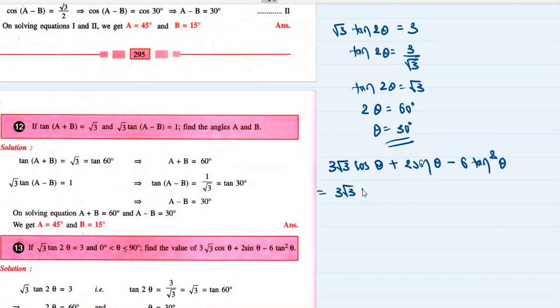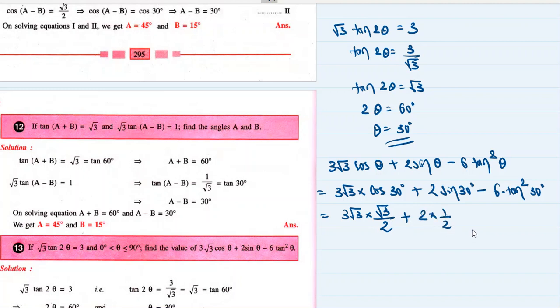3 root 3 times cos 30 degree plus 2 sine 30 degree minus 6 times tan square 30 degree. Cos 30 is root 3 by 2. 2 times sine 30 is 1 by 2. 2 times sine 30 is 1 by 2.